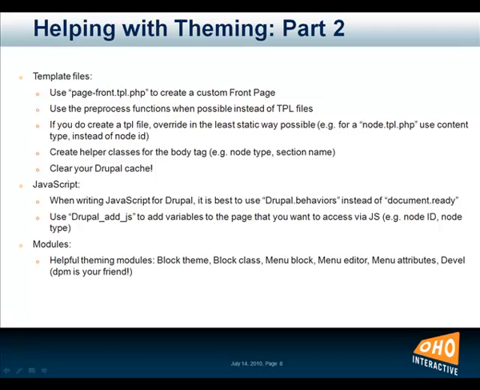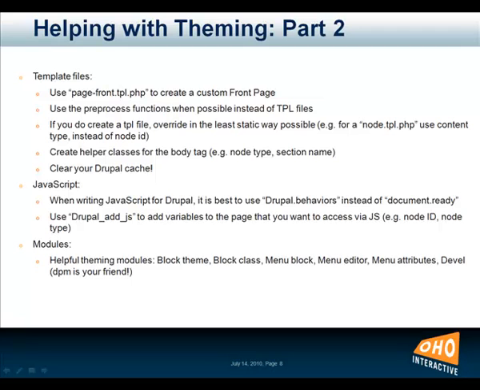And then further, if you only have specific pages that you want to use this news content type with, then in your TPL file you can do conditional statements and things like that to filter through and just use the TPL file on specific pages.